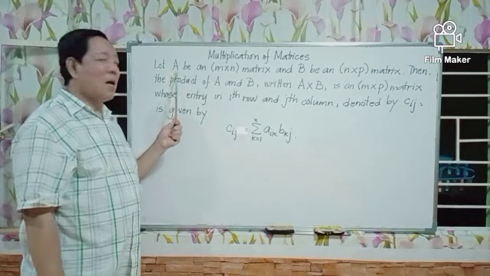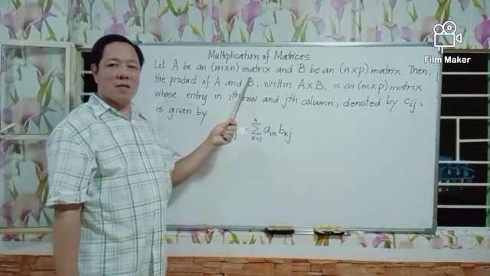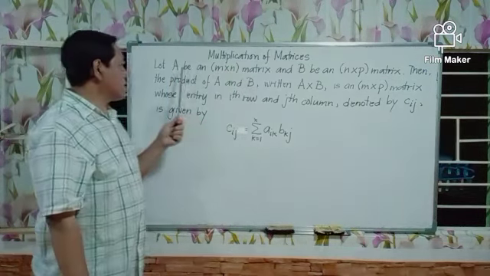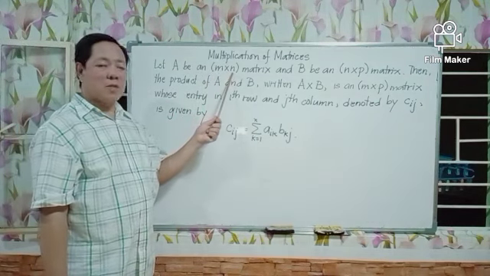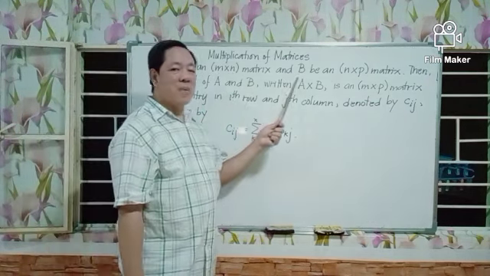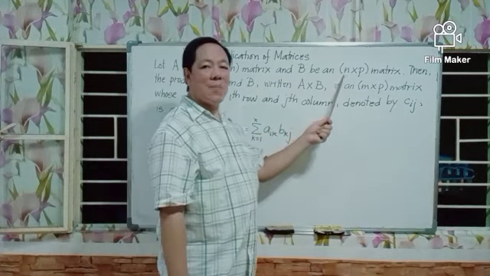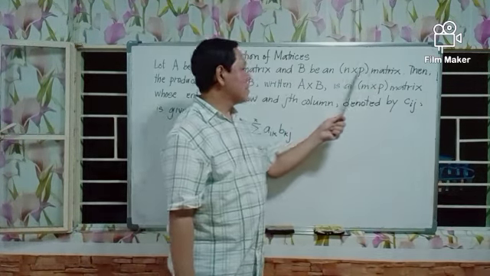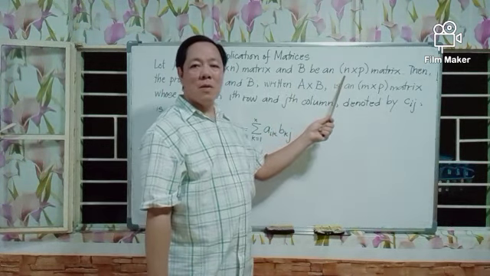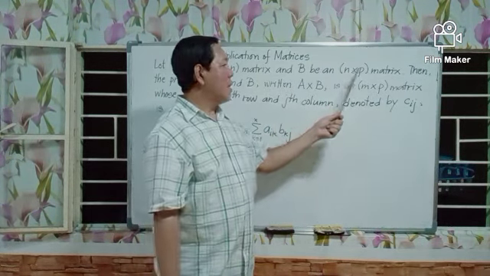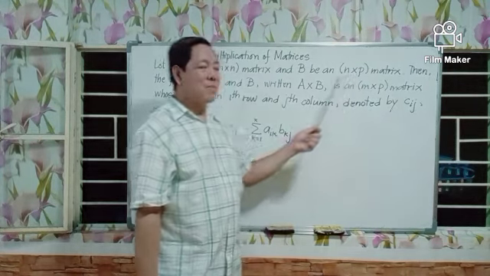Let A be an m by n matrix. This means that matrix A has m rows and n columns. And we let B be an n by p matrix. This means that B has n rows and p columns.